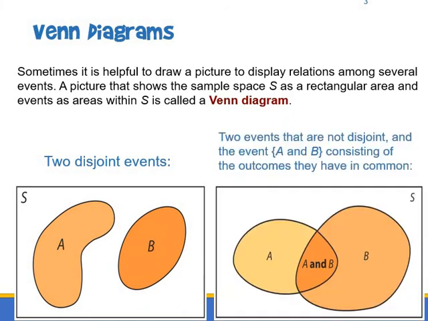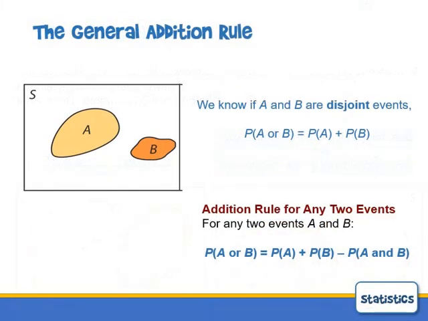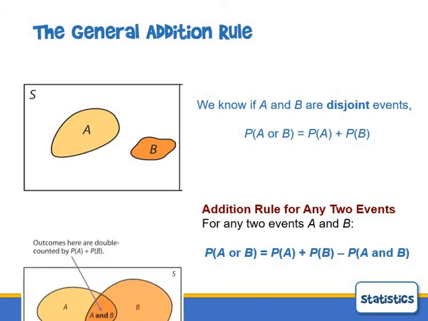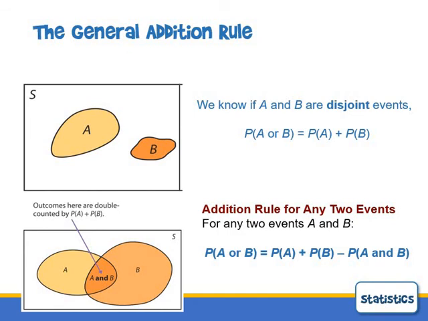If they do intersect, the picture would look more like this, where A and B are overlapping, and the intersection is the part where they overlap. When they're disjoint, you can add the probabilities together and there's no overlap, but if they overlap and you add the probabilities together, you're double counting the intersection, and all you have to do is subtract off the probability of the intersection, the probability of A and B. That gives us the more general addition rule for two events.